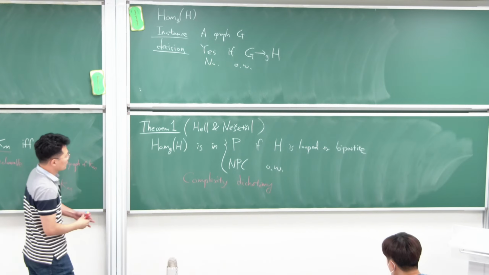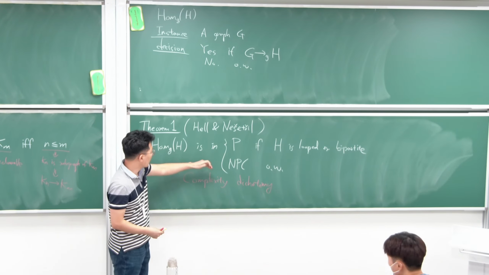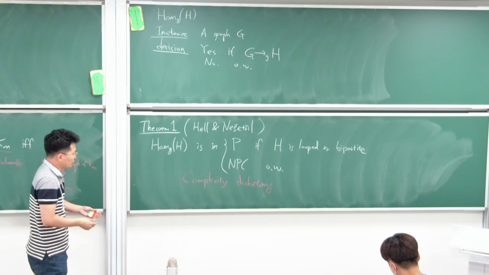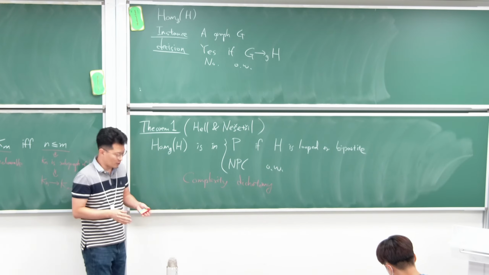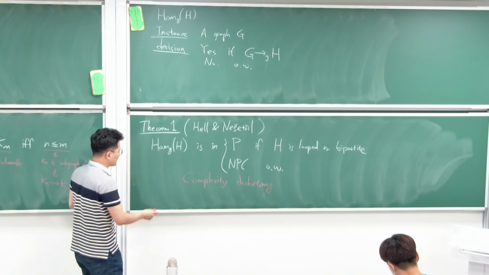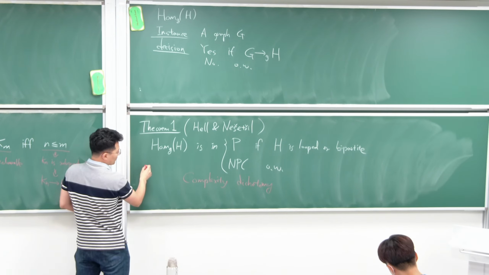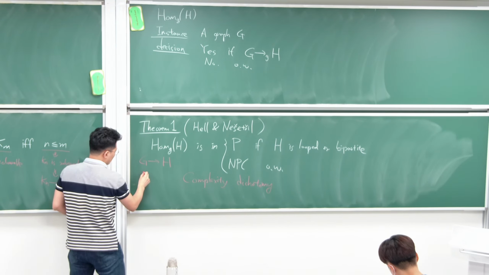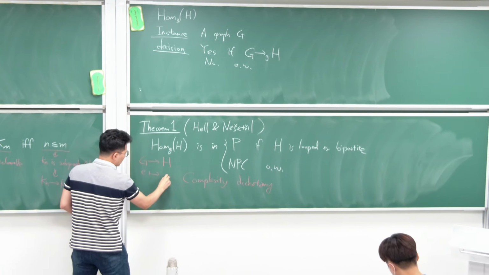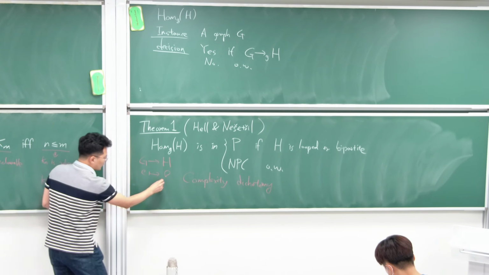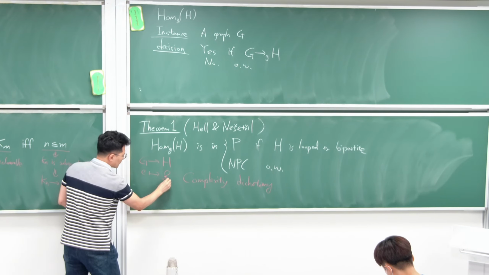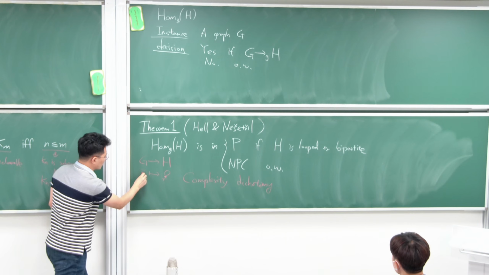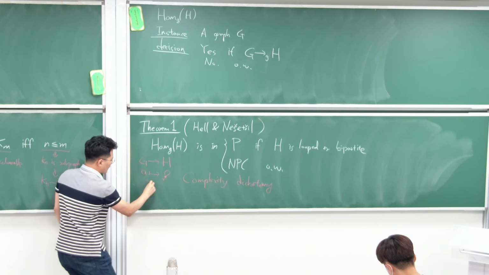Okay, so how can you prove this? For the P part, it is easy, because if H has a loop, then we can consider a graph homomorphism from G to H that sends every vertex to the vertex with a loop.